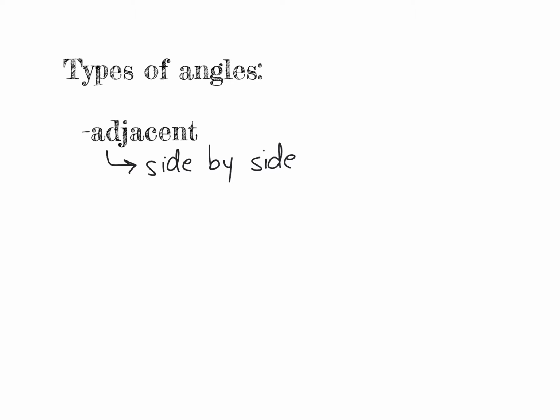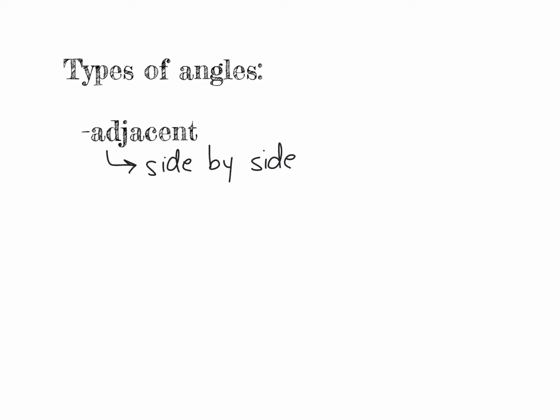For example, it is possible that your bedroom is adjacent to a sibling's bedroom. Now, of course, they might not be the same room, but they might, for example, have a wall between them. Or you might have a kitchen that is adjacent to a living room. There are two rooms that are next to each other, but they might have something, a wall or a barrier somehow that is shared between them. And that's kind of what we mean when we talk about adjacent angles.